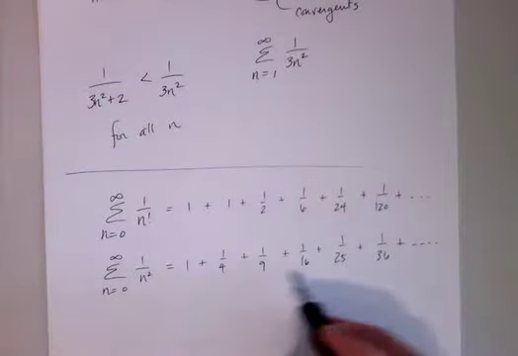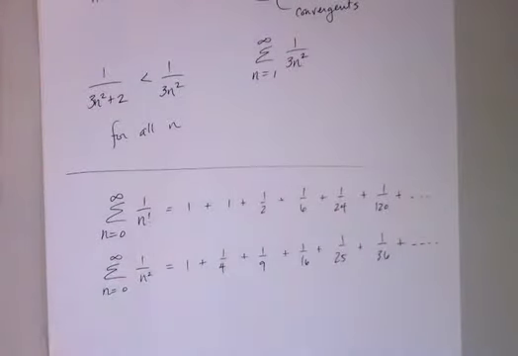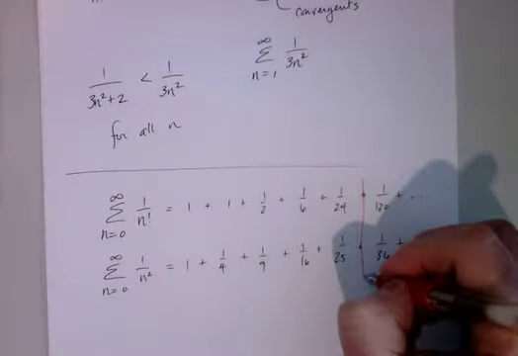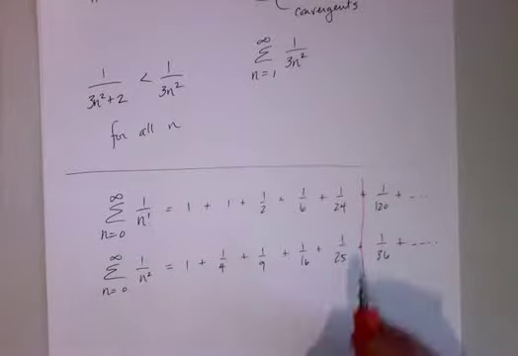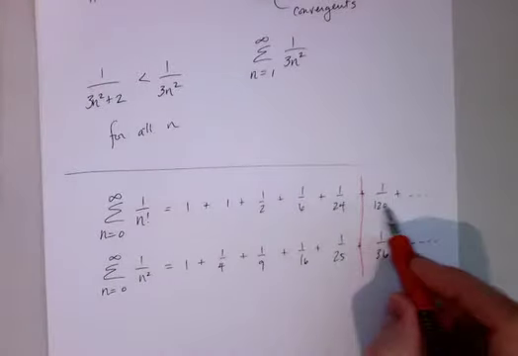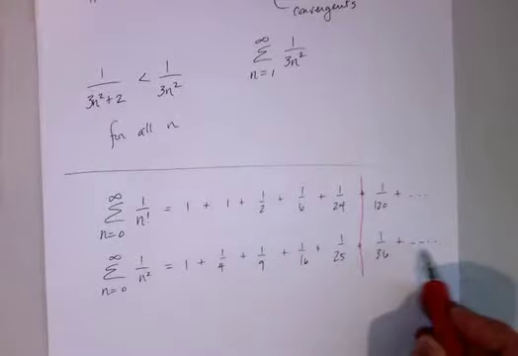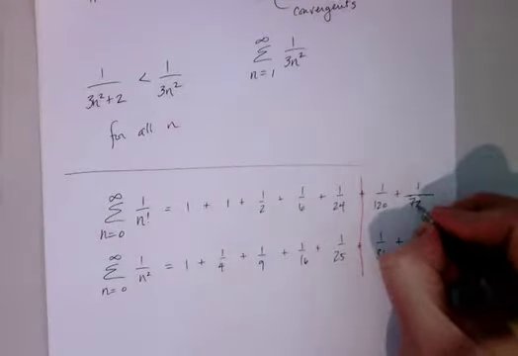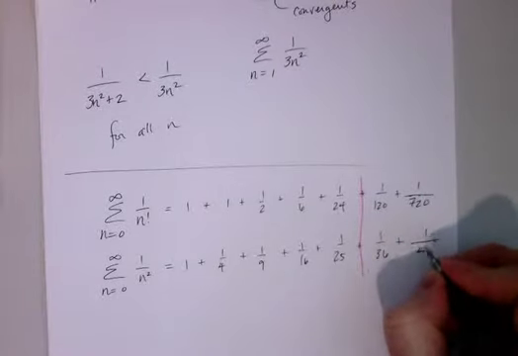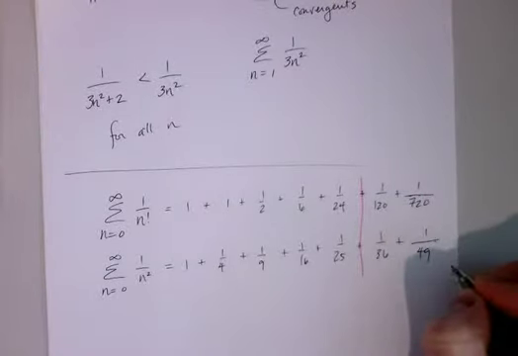Now it takes a while, but basically starting right there, these are going to be much, much smaller than these. I mean, the next one in the factorial is 1 over 720, whereas this is 1 over 49, right?